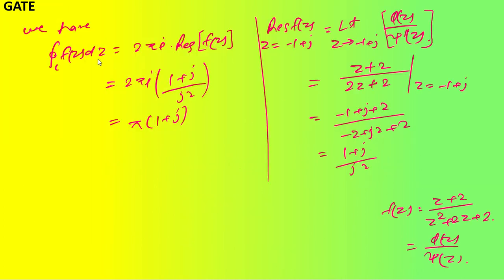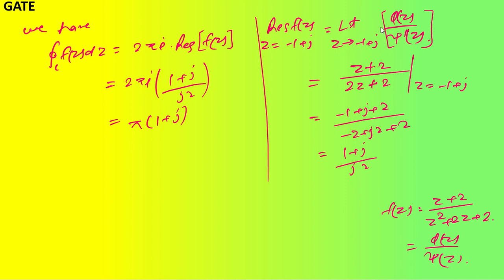So first of all, the integral of f of z dz is equal to 2 pi i into the residue of f of z. Since only one pole is inside, we will have only one residue. So how to get this residue? The residue of f of z at z equal to minus 1 plus j is the limit as z tends to minus 1 plus j of (z minus a) into f of z, the formula I have taught you.